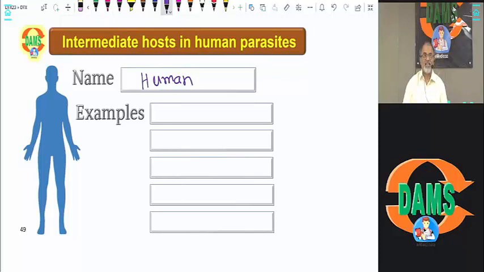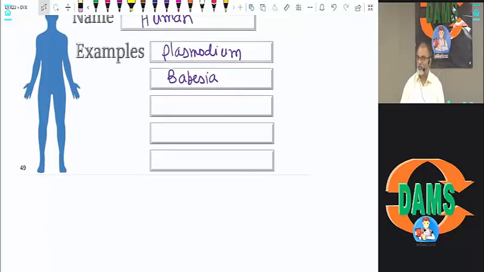Human acts as the classical intermediate host in Plasmodium. Plasmodium, what is the definitive host? Female Anopheles mosquito. And Babesia. In these two conditions, man is the classical intermediate host.